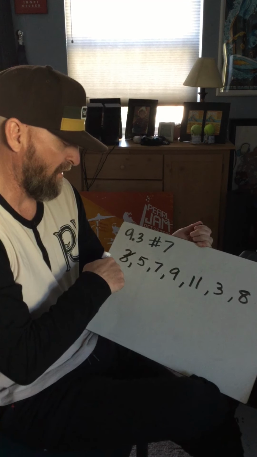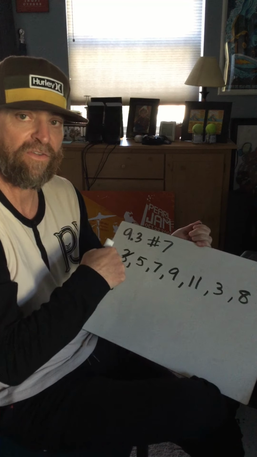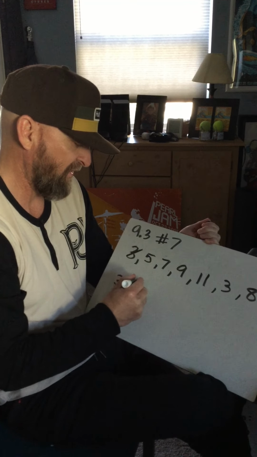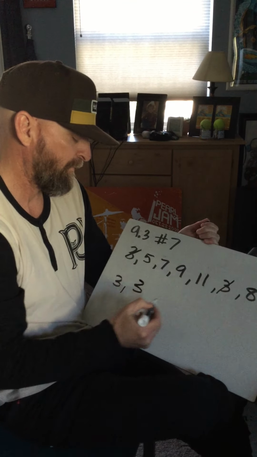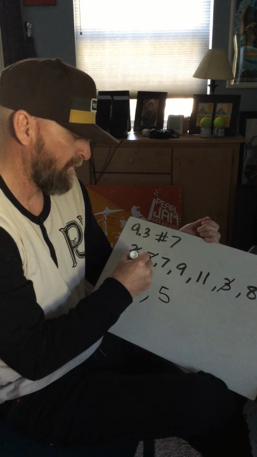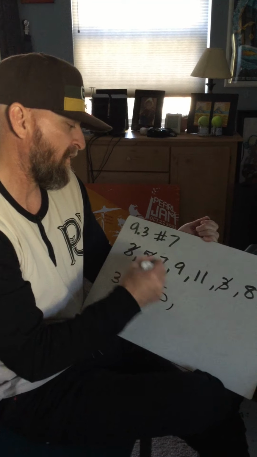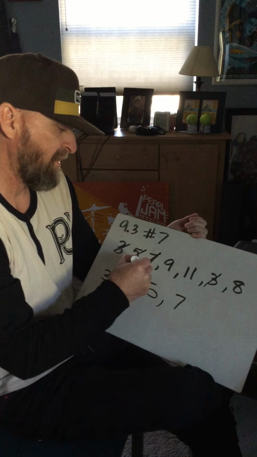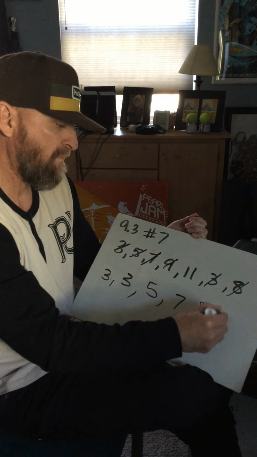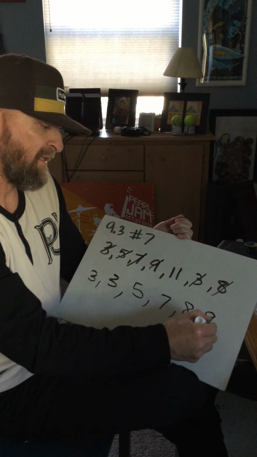I'm going to put the hash mark across it so this way we know not to use that one again. When I look, I see actually there's another 3. There's a 5. Then there's the 7, 8, 9, and 11.